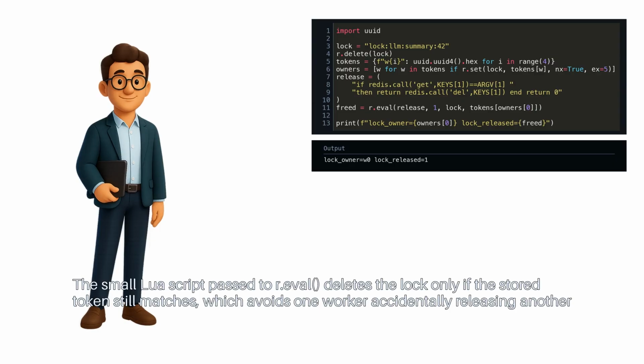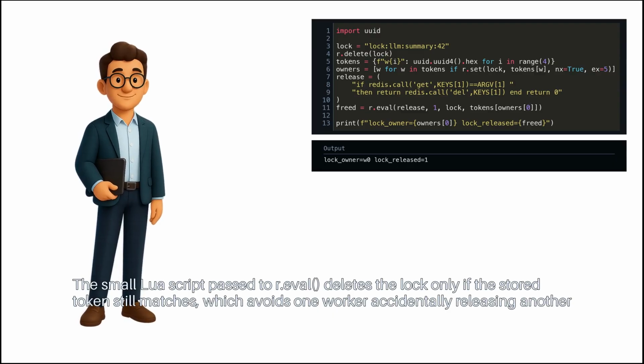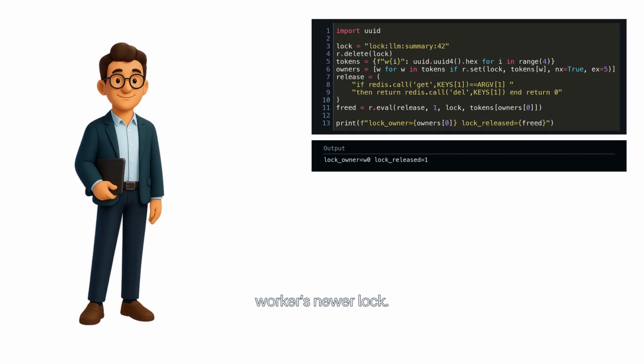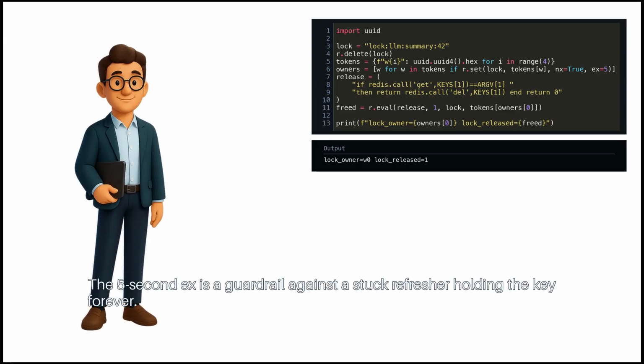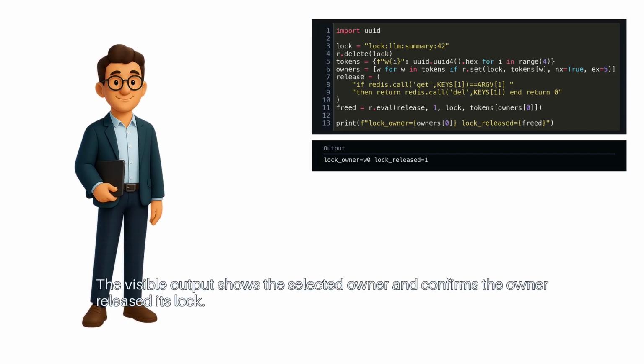The small Lua script passed to r.eval deletes the lock only if the stored token still matches, which avoids one worker accidentally releasing another worker's newer lock. The 5-second ex is a guardrail against a stuck refresher holding the key forever. The visible output shows the selected owner and confirms the owner released its lock.